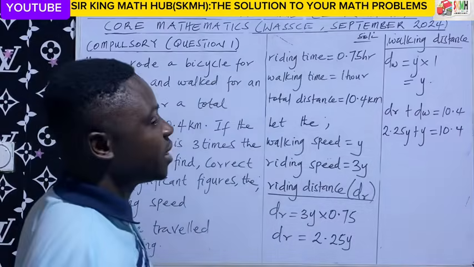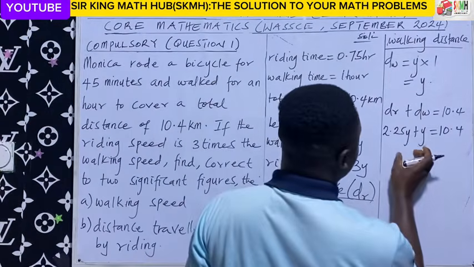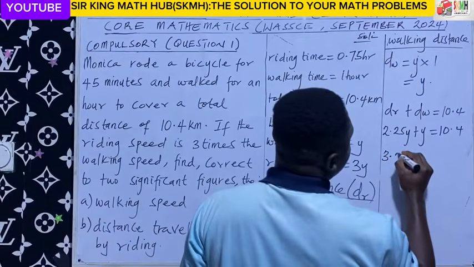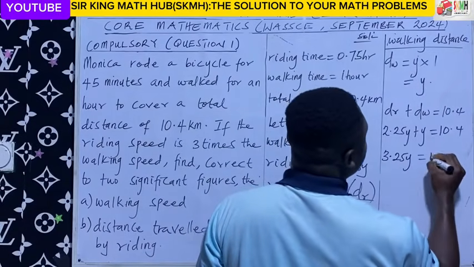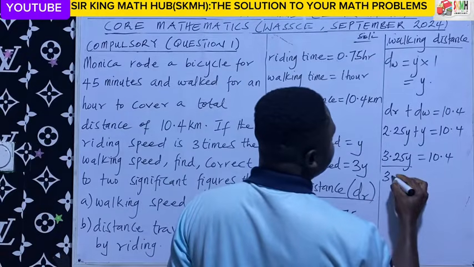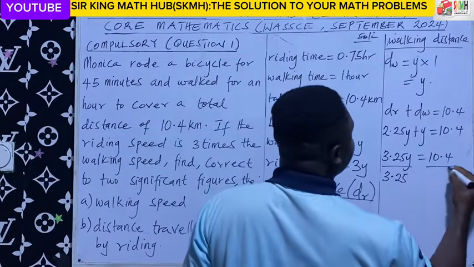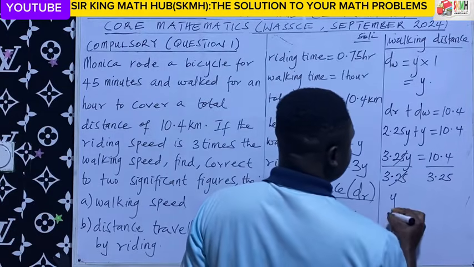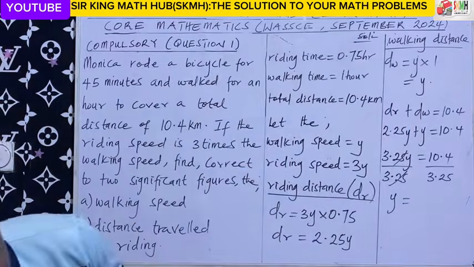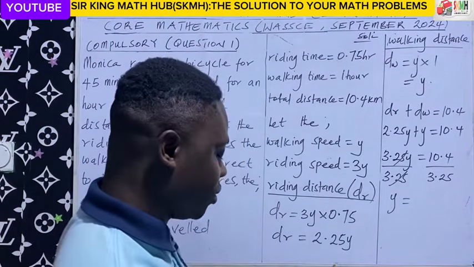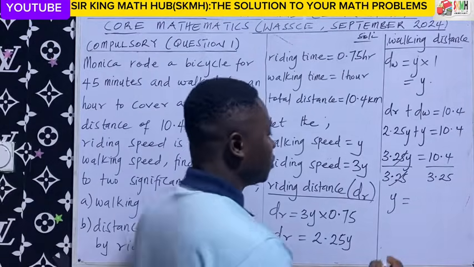We are looking for y. Simplifying, 2.25y plus y gives 3.25y, which is equal to 10.4. So we divide both sides by 3.25: 10.4 divided by 3.25.